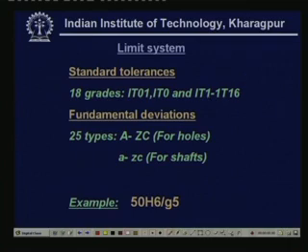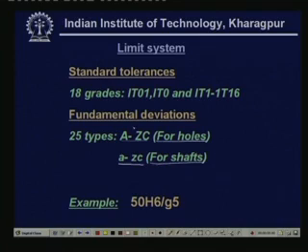So, 16 plus 2, 18 grades of standard tolerances are there. And as I told you, the fundamental deviations are 25 types, which are A to ZC for the holes, and small a to small zc for shafts.